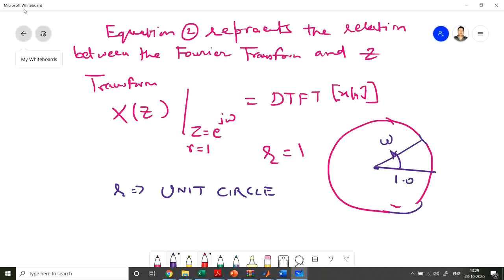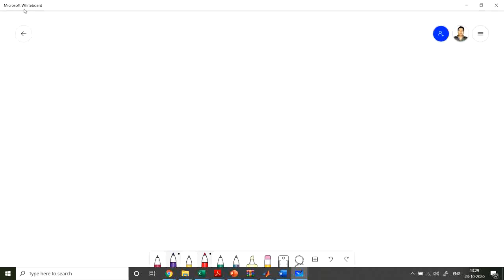This is a very important point. Please understand that your z transform converges to the discrete time Fourier transform at the unit circle.